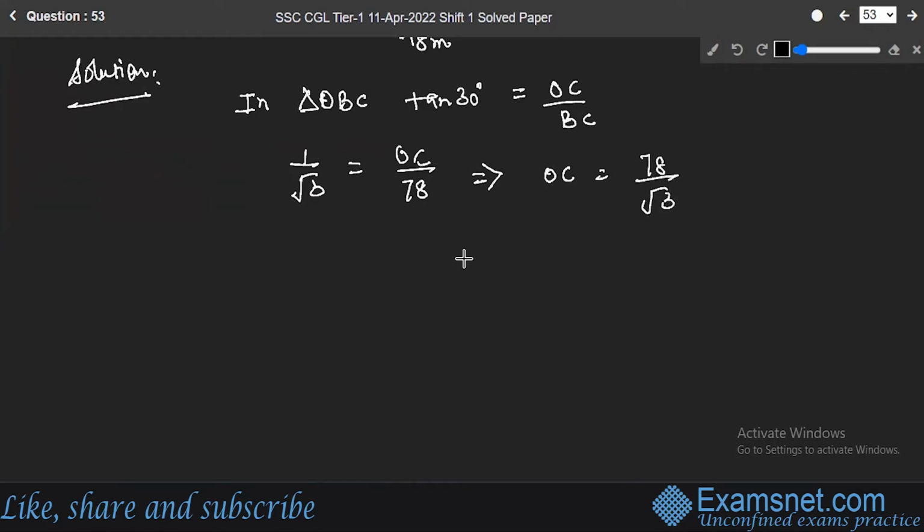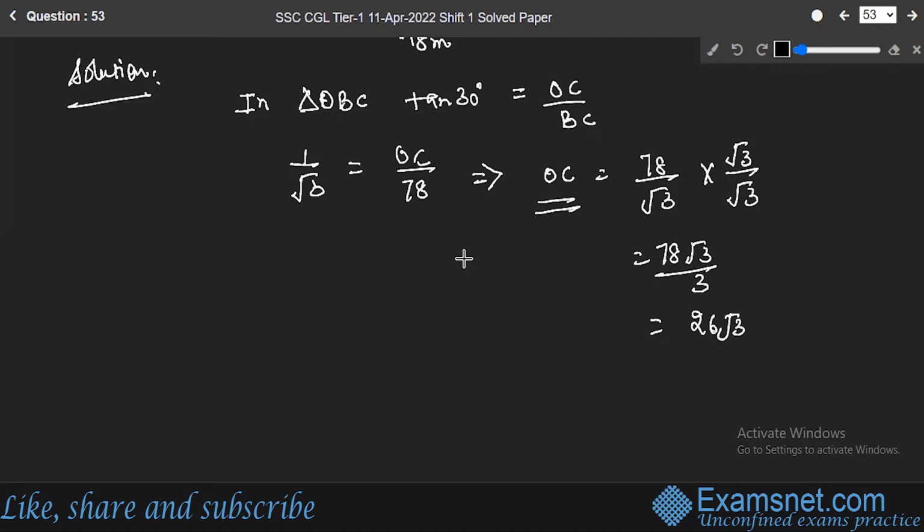You know one thing, we don't leave irrational numbers in the denominator. So rationalizing the denominator, what you will get? You'll get 78 root 3 upon 3, which after 78 divided by 3 will give you 26 root 3. Okay, this is the value of OC.